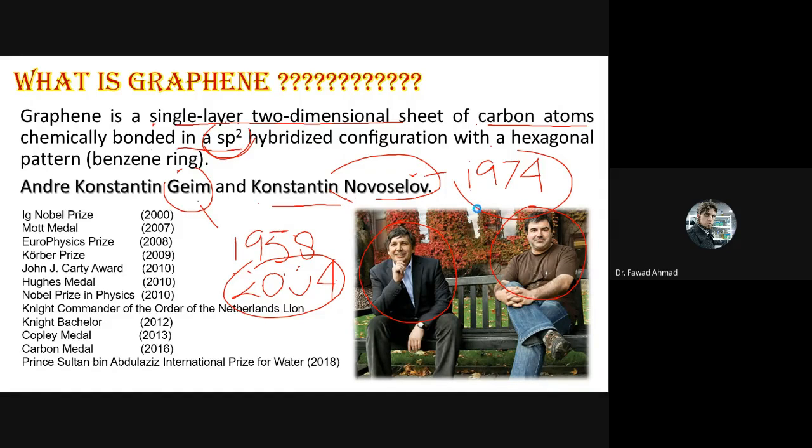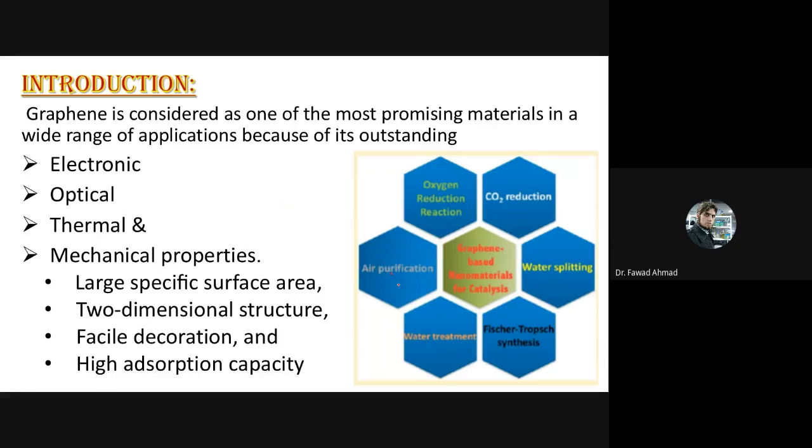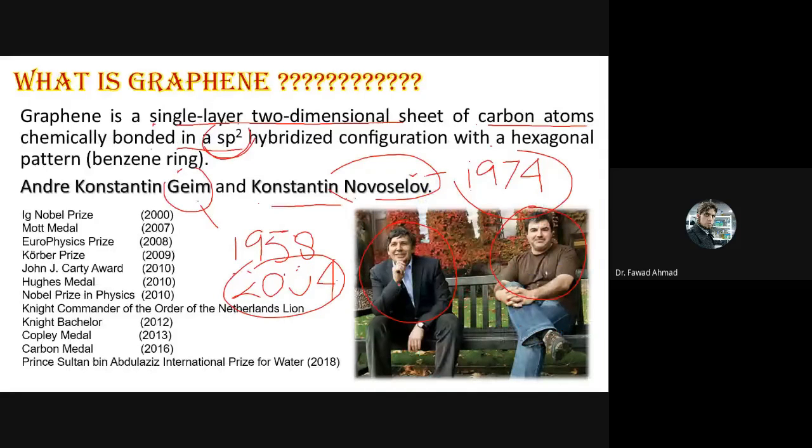Now, this professor, Professor Jim, got a lot of awards during his life. He's still a young man and still living, but he got the IG Nobel Prize in 2000, then Mart Medal in 2007, then Euro Physics Prize in 2008, then Corber Prize in 2009, then John J. Cartier Award in 2010, and then Haggis Medal in 2010, then Nobel Prize in 2010.